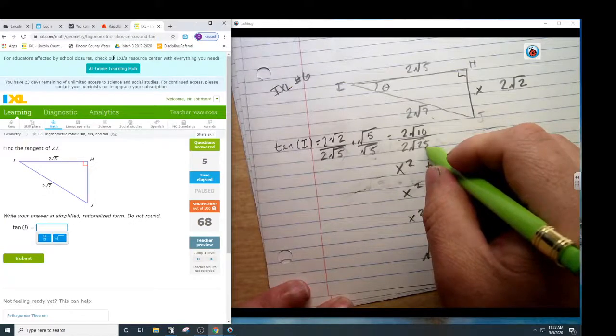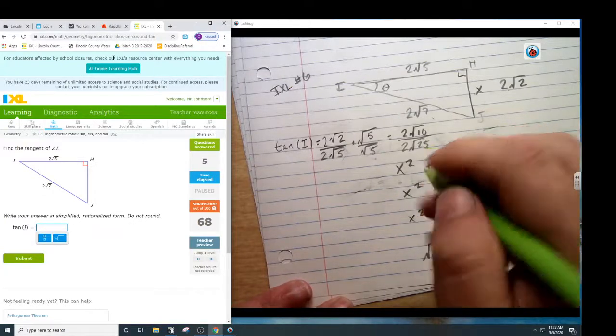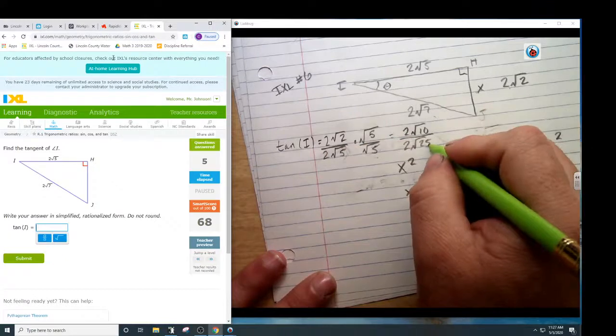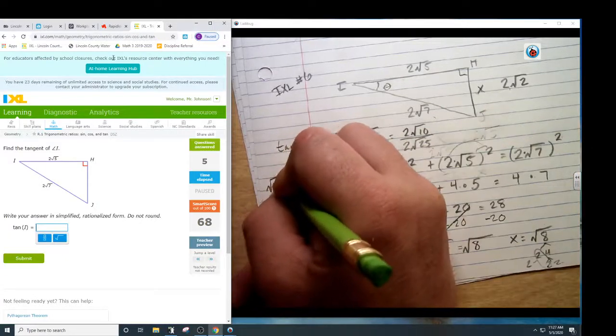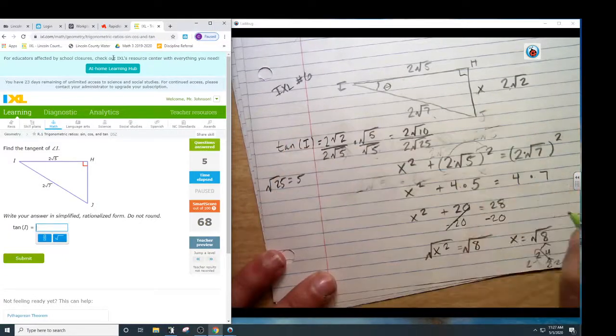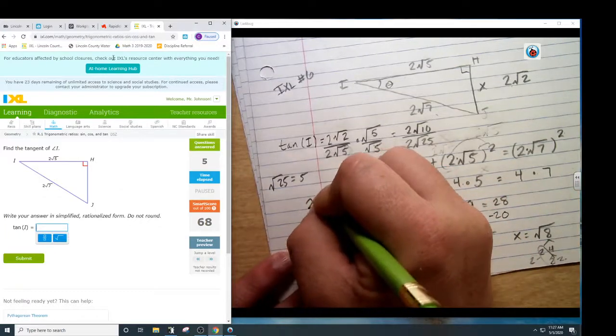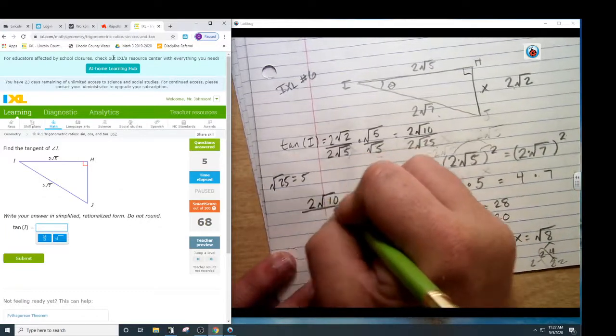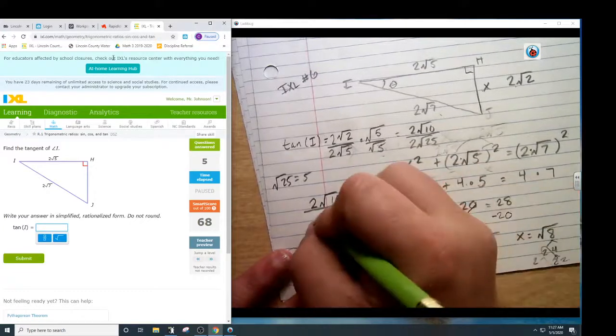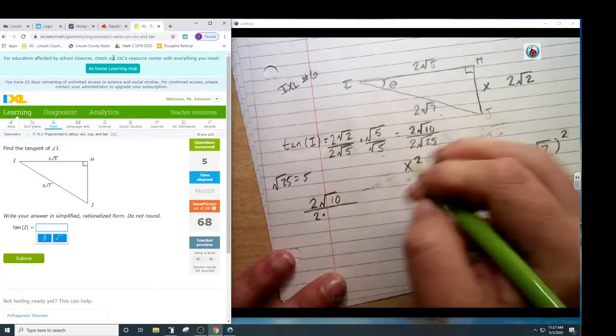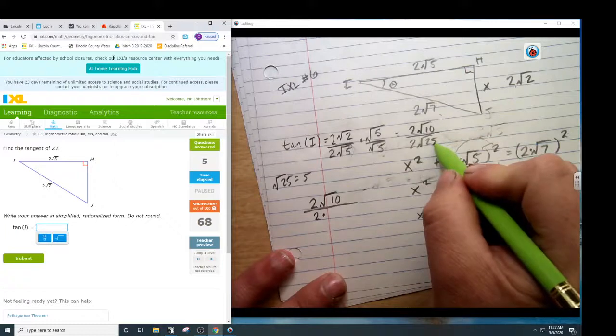Now the square root of 25, you should know that by now, is a perfect square. So the square root of 25 is 5. So this is 2 square root of 10. Now, guys, we no longer need the square root of 25 because we know that's 5.